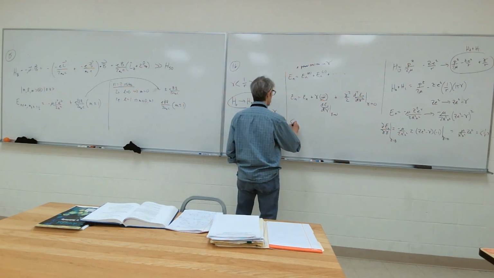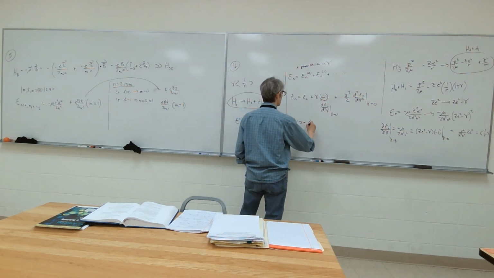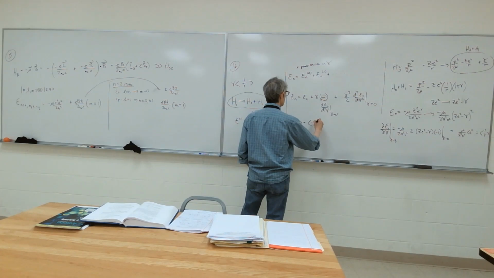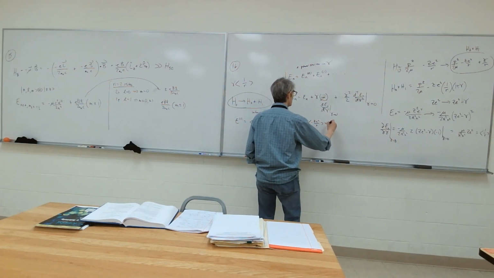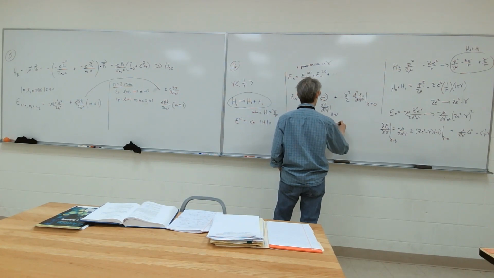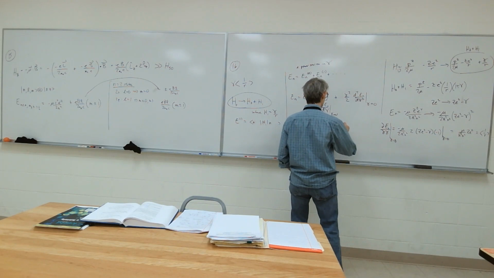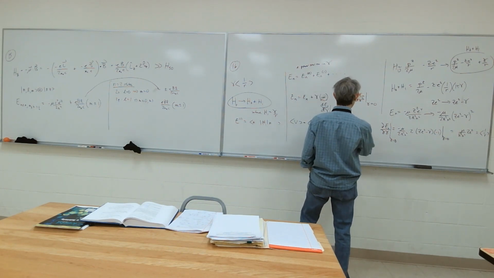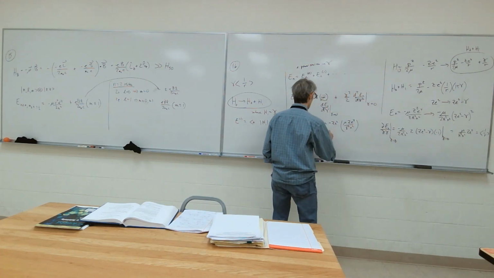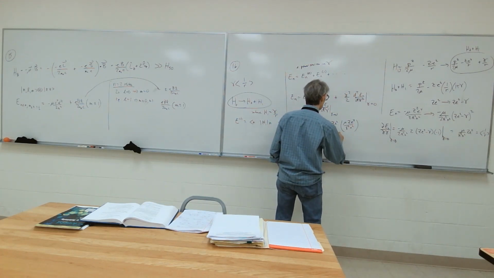That's just the average of minus Z e squared over r, which is minus Z e squared times the average of 1 over r. That gives minus mu Z e squared over h bar squared n squared, or minus mu Z squared e to the 4th over h bar squared n squared.